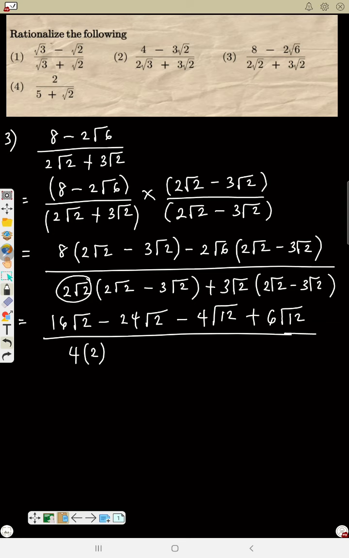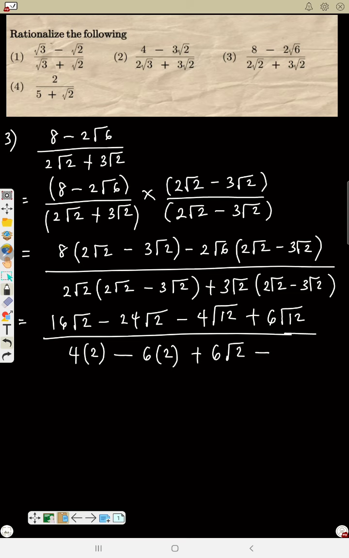Again, square root of 2, 2 root 2 times 3 root 2. So you multiply 2 times 3, outside multiply by outside, 6. Then inside multiply by inside, so root 2 times root 2 will give you 2. Plus again 3 times 2, 6.